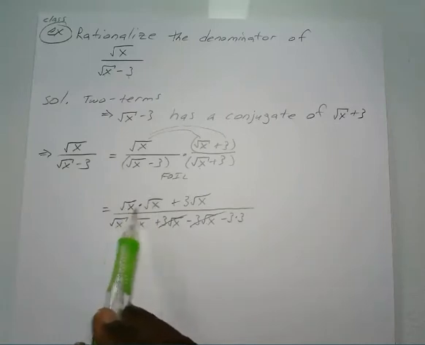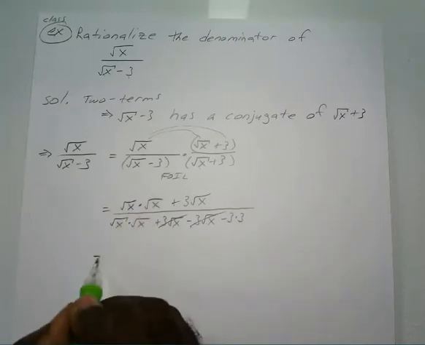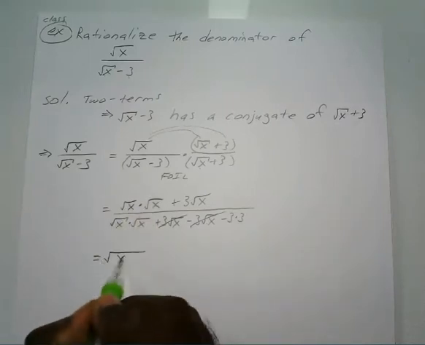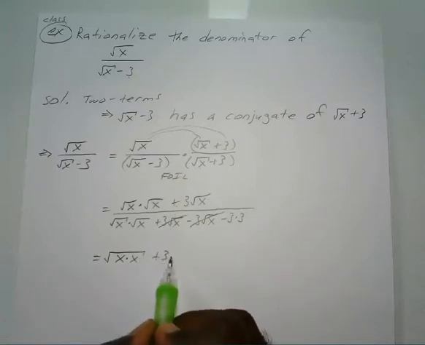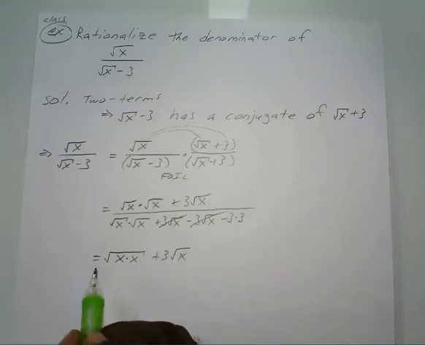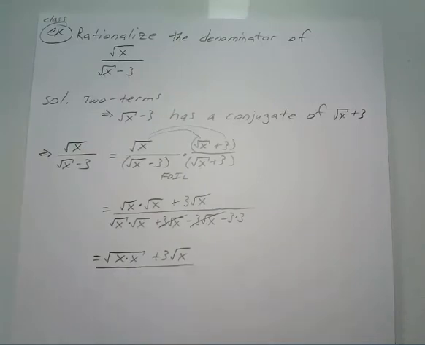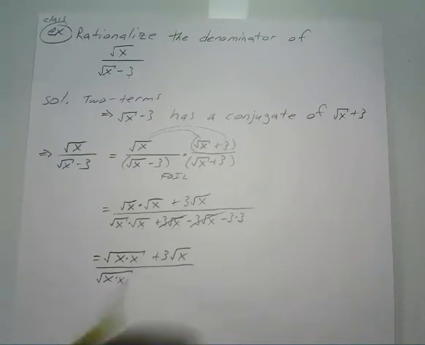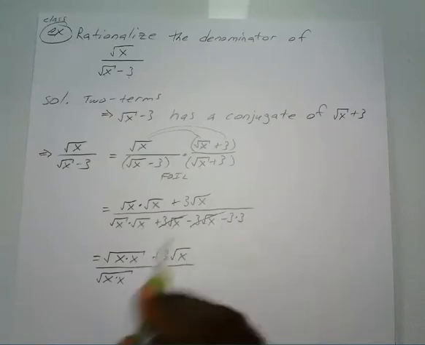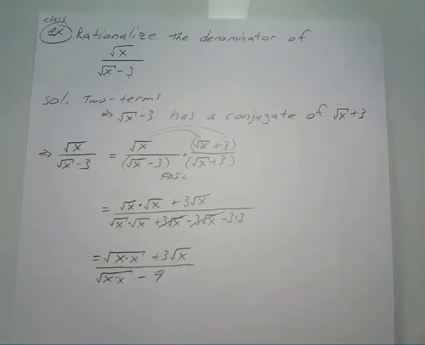Okay, so you have square root of x times square root of x is just square root of x times x, plus 3 square root of x, all over square root of x times square root of x. Again, is square root of x times x. Those two canceled out, and minus 9.